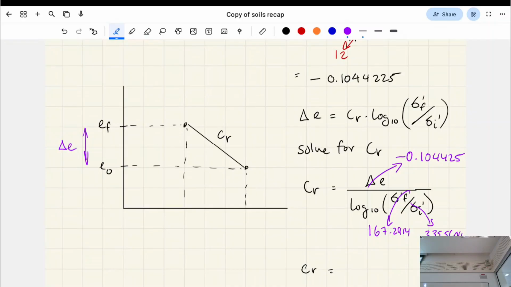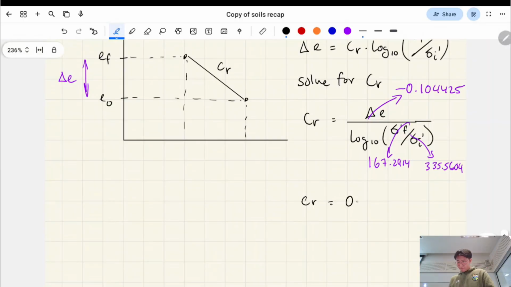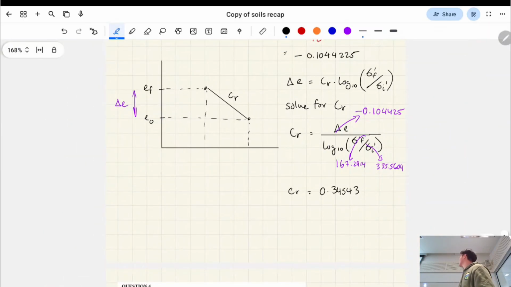Because what do we actually do? We remove the platform, so it returns to its initial stress. But we have to consider that as the final stress now, because in the context of what we did, the final stress is going to be lower than our initial stress. Our initial stress was the stress when we loaded it, right? Does that make sense? And then that's the end of that question.